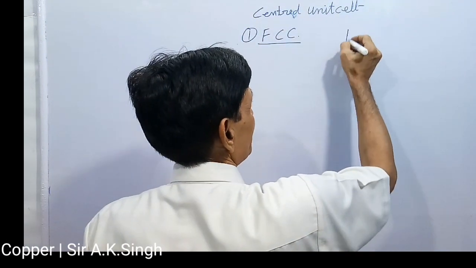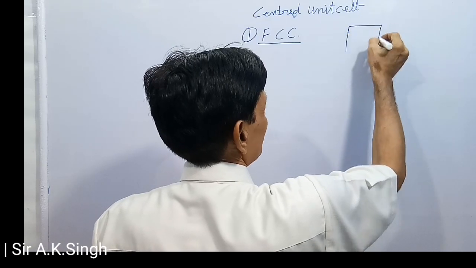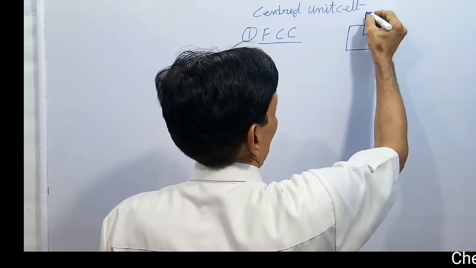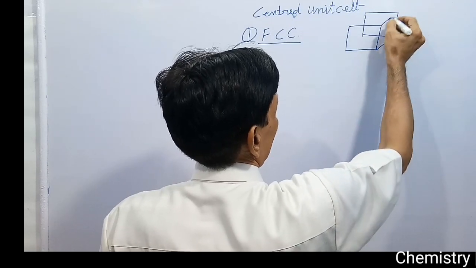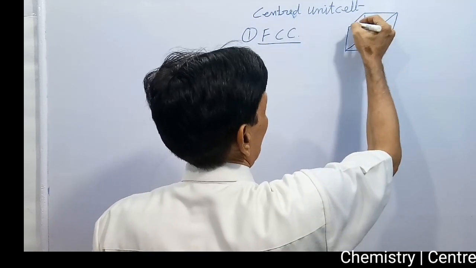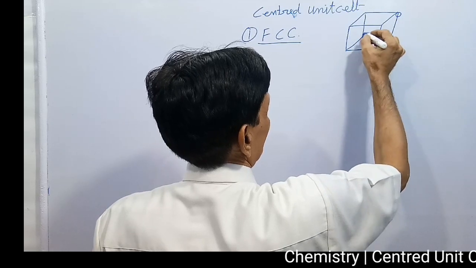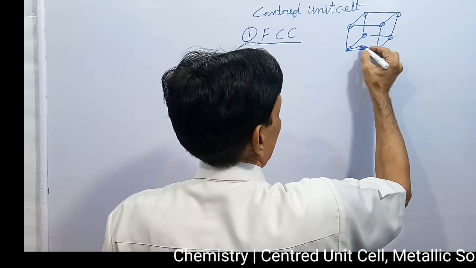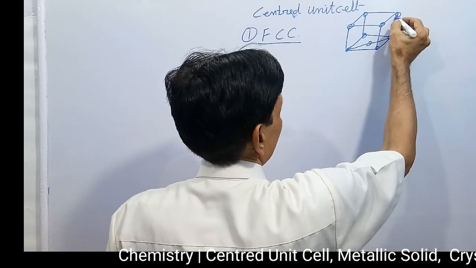See the structure. Suppose this is a unit cell, then particles are present here at the corners like that, and also present at the centers like this.